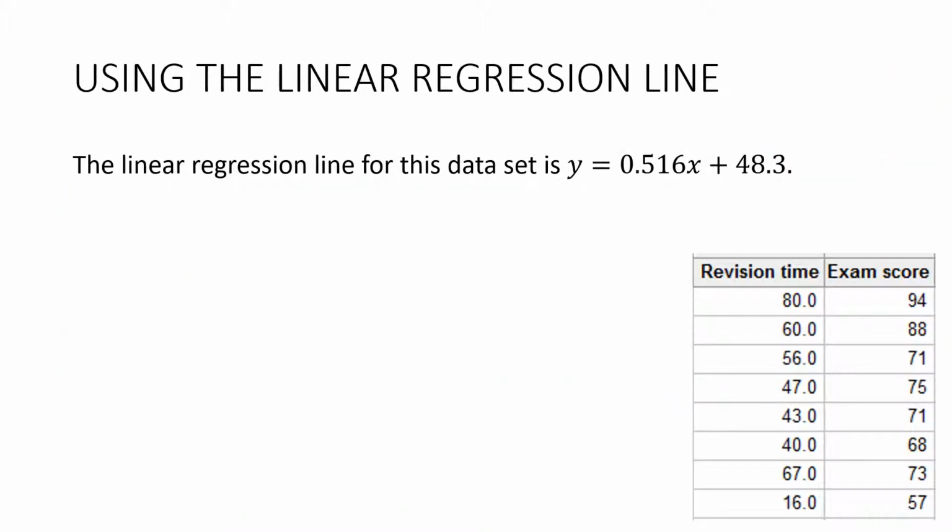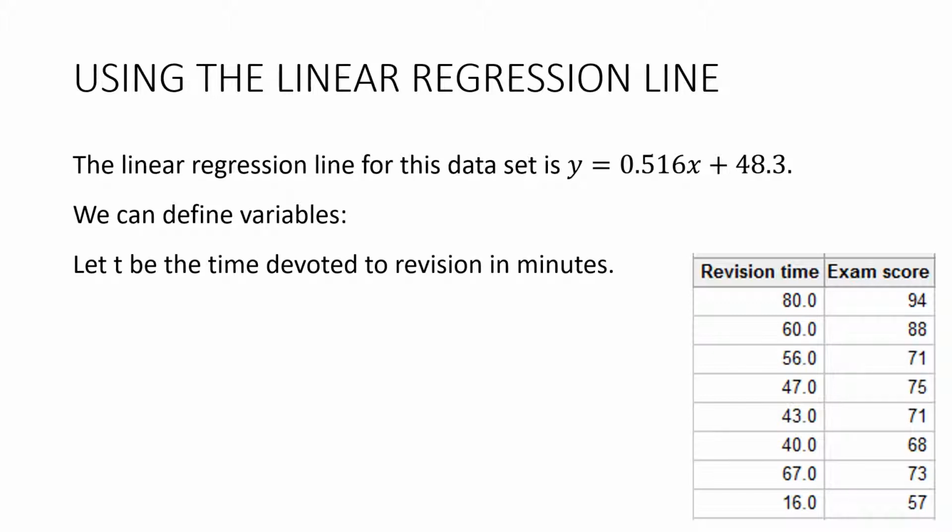Once we've got the linear regression line off the calculator, we can change the variables. So we can define the variables for our own particular experiment that we're doing. So we could say, let T be the time devoted to revision in minutes, and let E be the exam score out of 100.